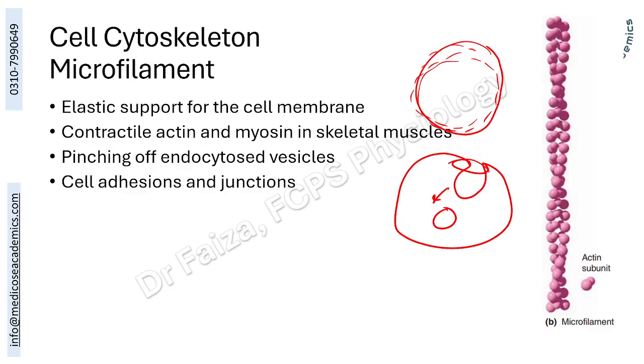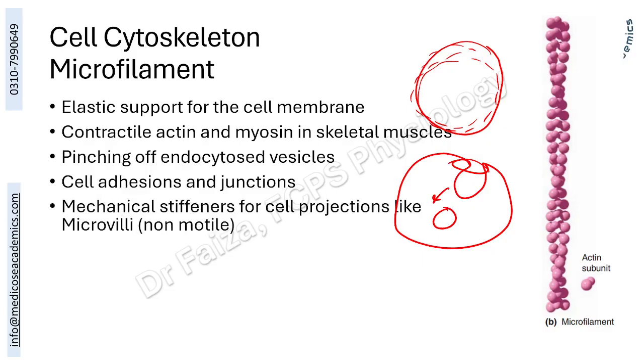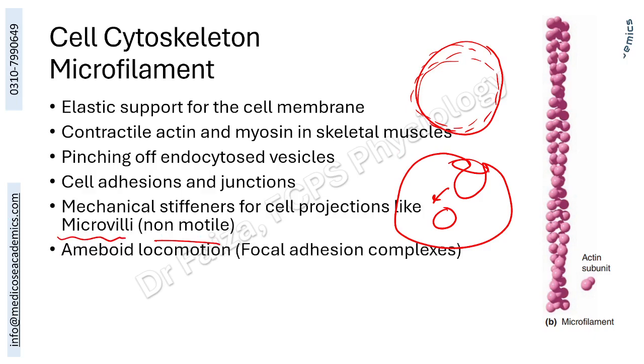It has a role to play in cell adhesion and junctions. It acts as a mechanical stiffener for cell projections, for example, microvilli, which are non-motile, for example, in the lumen of the gut. These have a role to play in cellular locomotion, particularly amoeboid locomotion, by helping the formation of focal adhesion complexes.